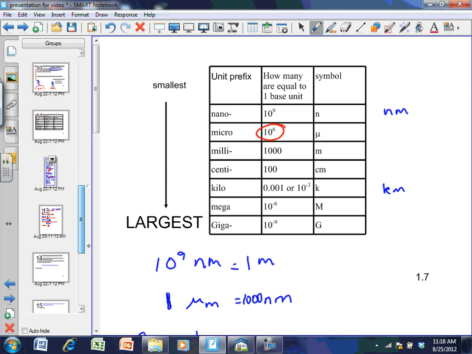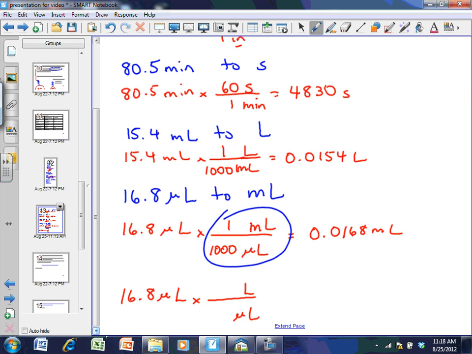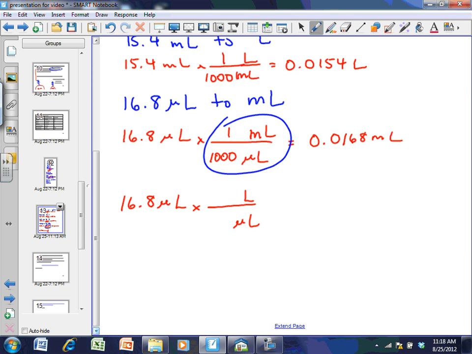So I'm going to use that conversion factor, and that's going to make it easier. Which is bigger, a microliter or a liter? A liter, 1. How many microliters in a liter? 1,000,000, or 10 to the 6th. Now if I hit 16.8 times 1 divided by 10 to the 6th, my answer will be in liters.